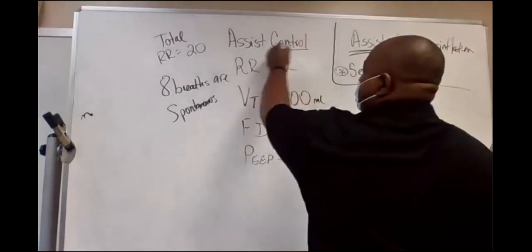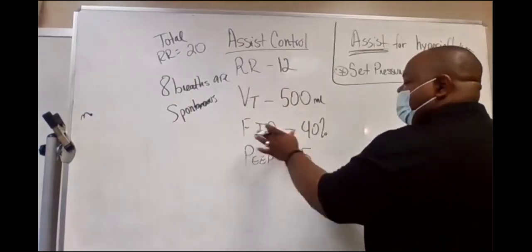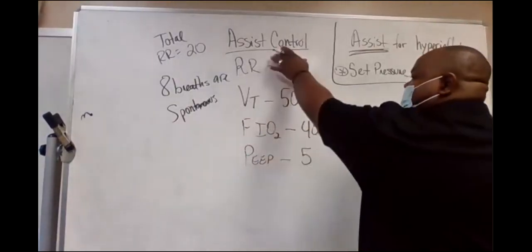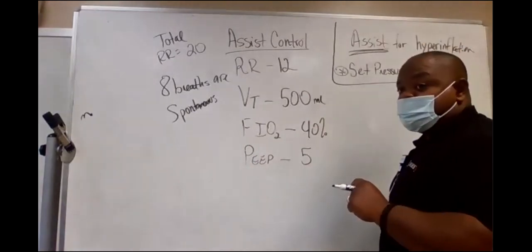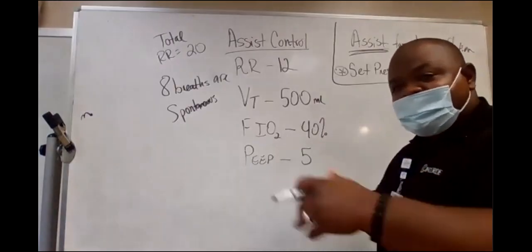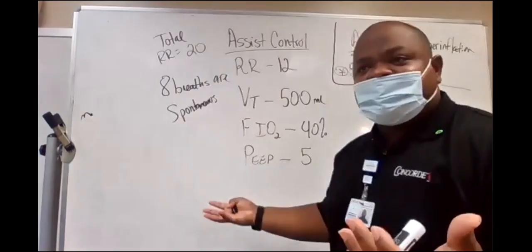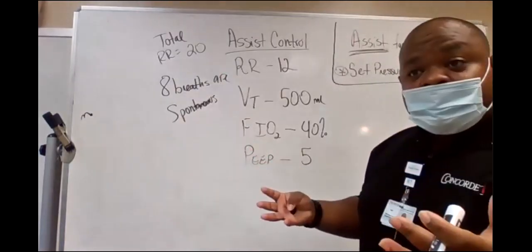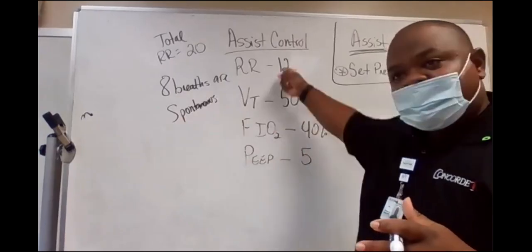But the bottom line is assist control, you have a rate, a volume, a FiO2, and a PEEP. In assist control, the patient can trigger his own breaths, all right, on top of what I have set. But say he starts triggering some more breaths, he's got 20, he's doing 8 by himself, but then he digresses and stops breathing. He's still gonna get what I have set.